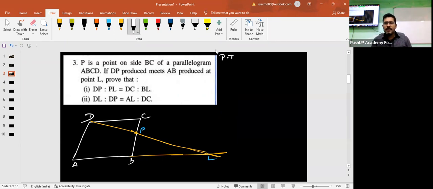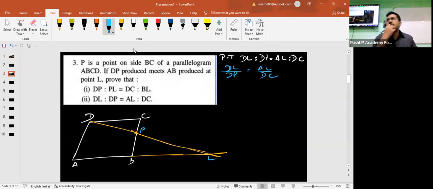They are asking us to prove DL is to DP is equal to AL is to DC. For better understanding, just write DL upon DP is equal to AL upon DC. Again, it is looking like the ratios of the corresponding sides in proportion. First of all, we have to figure out which two triangles to take and prove similar in order to reach here.